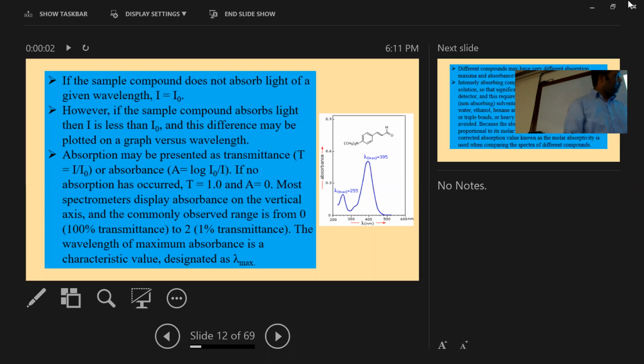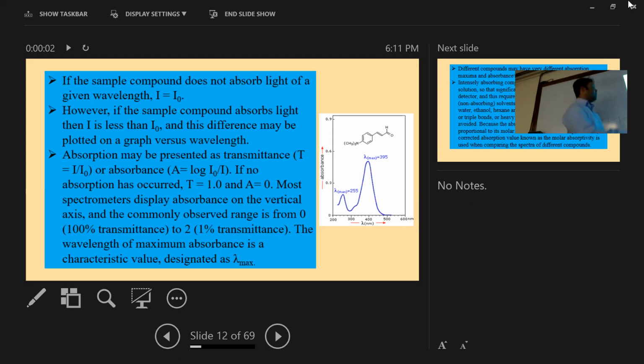That means the position where the absorption is maximum is known as lambda max. If you know the lambda max for a certain sample, and you analyze an unknown sample and get the lambda max at this position, then you can confirm the presence of that sample in the molecule.